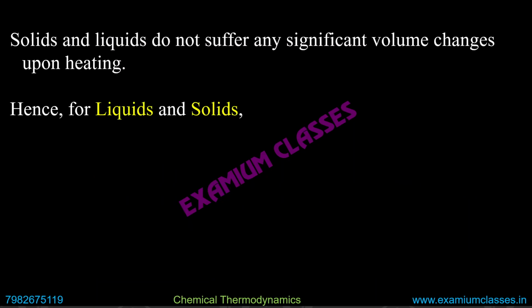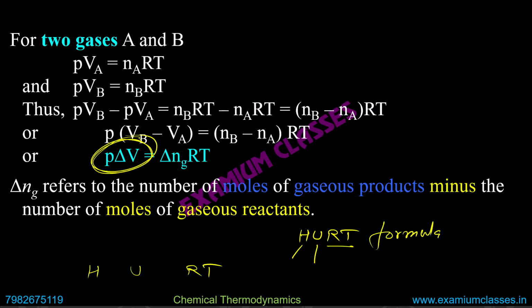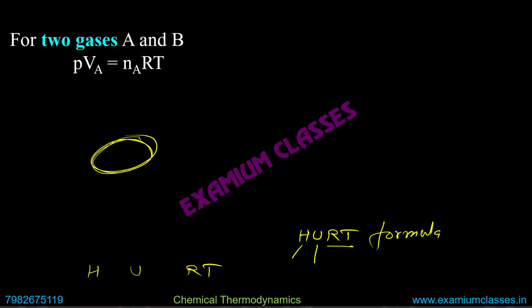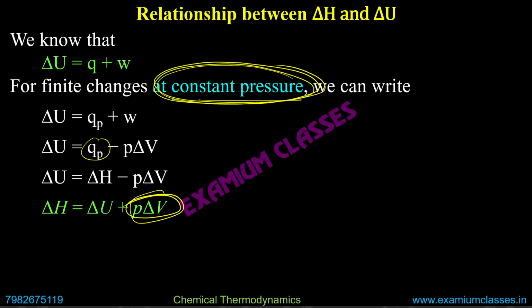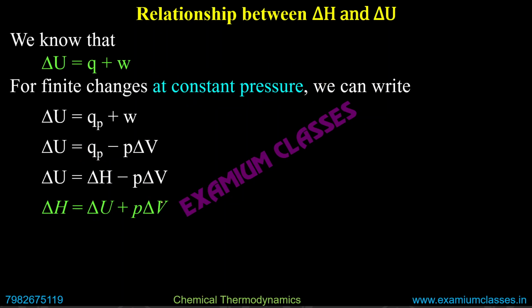Solids and liquids do not suffer any significant volume change, meaning delta V is almost 0 there. So if I go back to this formula, if I am talking about a solid or liquid, the change in volume will be almost 0. In that case, delta H will be approximately equal to delta U, as there is negligible difference in volume. Remember, this is only when all the reactants and products are either solid or liquid, with no gaseous form.